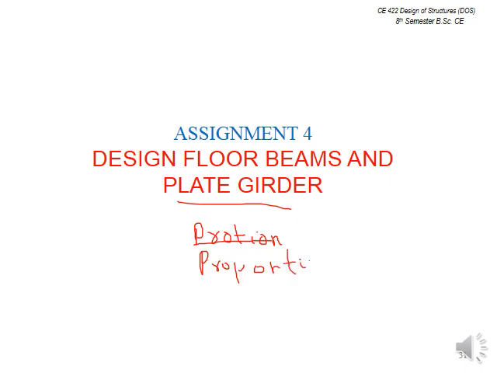You are well familiar with this proportioning, so just up to that particular part, the initial proportioning of your plate girder, is required from you. Similarly you have to do it for your design problem. For the design problem, complete plate girder design at the end is not required. You have to just do the proportioning of your plate girder.